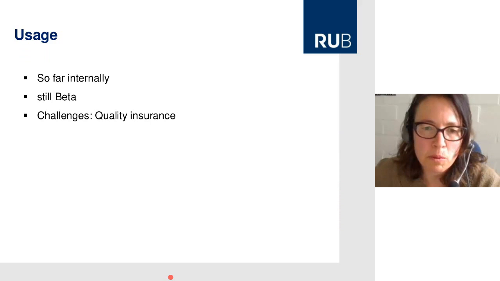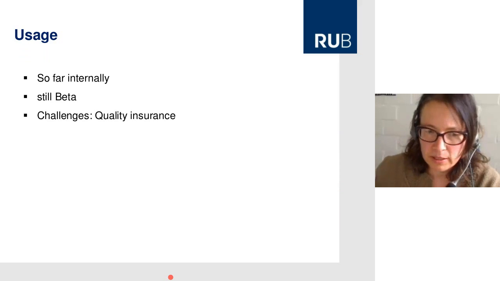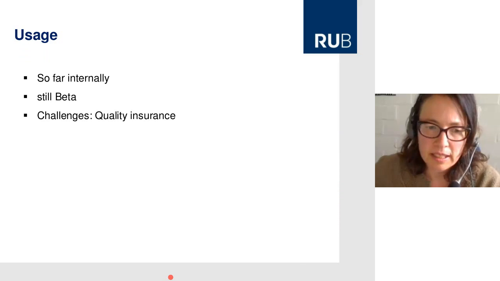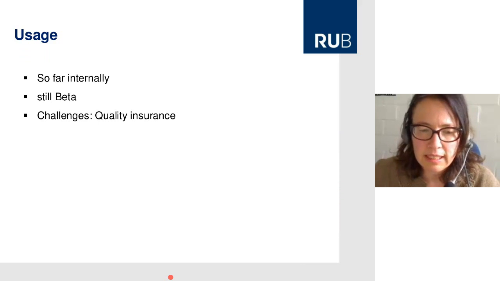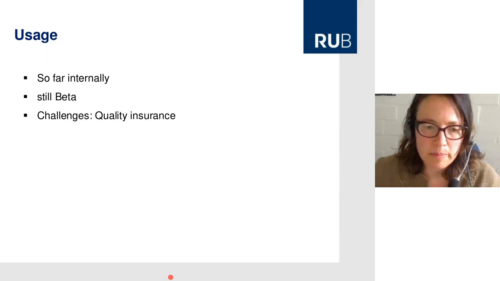And one of the challenges is quality assurance, which means that I shouldn't have to control every single item that I converted to be sure that the converter did a good job. It would be good to have a kind of report so you can at least get a hint where there might be a problem.